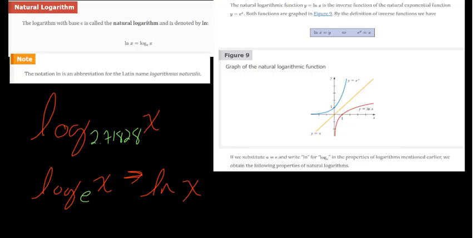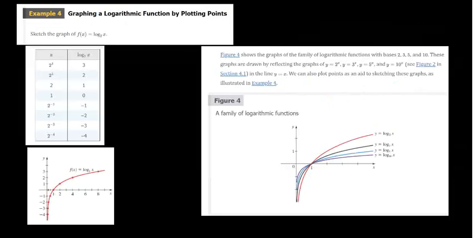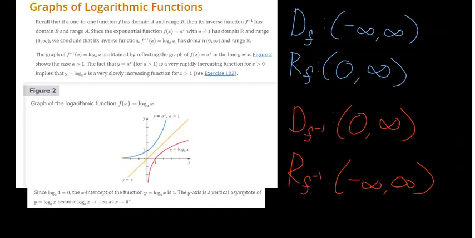Okay, so this reads, find the domain of the function f of x equal to the natural log of 4 minus x squared. First of all, we have to ask ourselves, what is the domain of a logarithmic function? Let's go back real quick to this page.